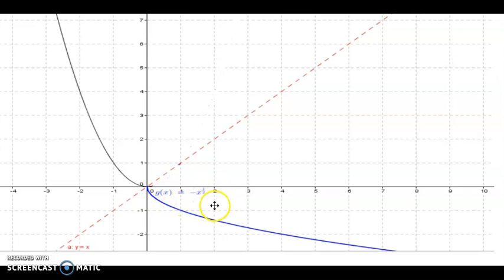negative the square root of x. So if I take negative square root of 0, it will give me 0. Negative square root of 1 will give me negative 1. Negative square root of 4 will give me negative 2. And then negative square root of 9 will give me negative 3.